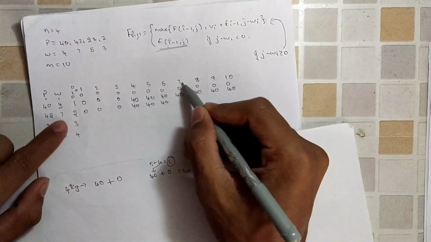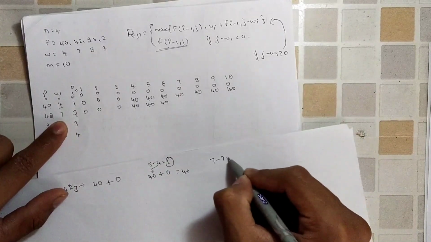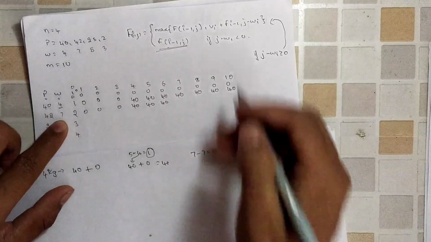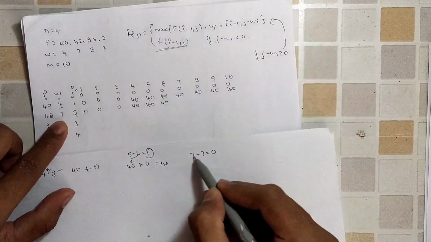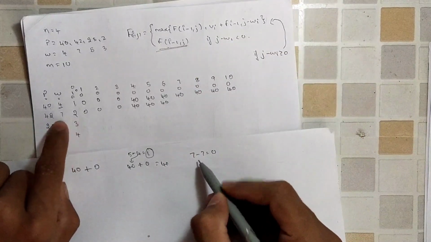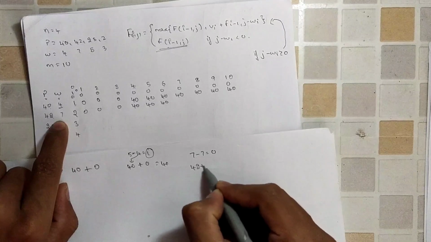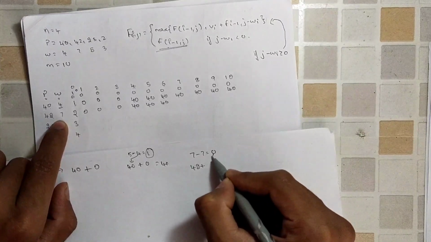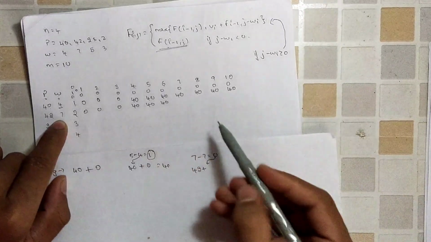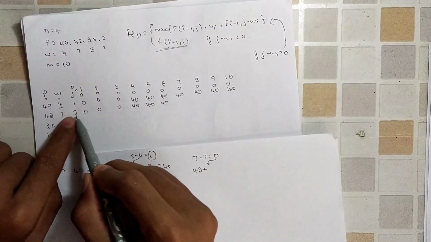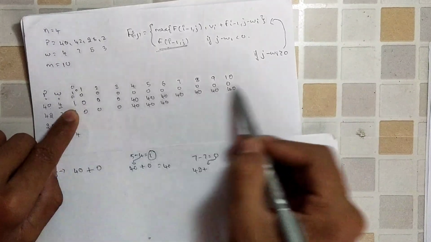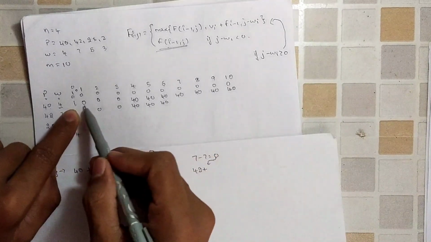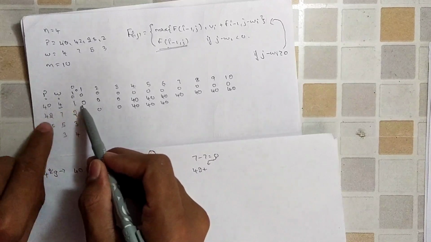Now see here, 7. So 7 minus 7 is equal to 0. So now what I will do, this thing will come, right? The profit of the second item, that is 42, plus the profit of this place in the previous row, the i minus 1 row. So i is 2, right? 2 minus 1 is 1. So in this row 1, in the 0th place, whatever profit was there should be added with this profit.